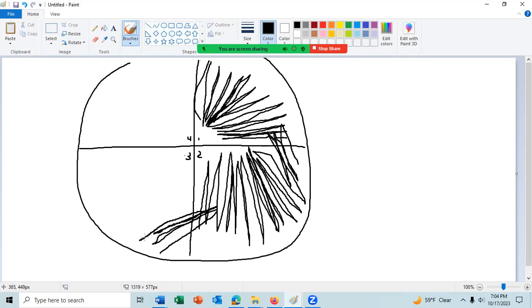And then you streak out quadrant 3 20 to 30 times, moving towards quadrant 4.